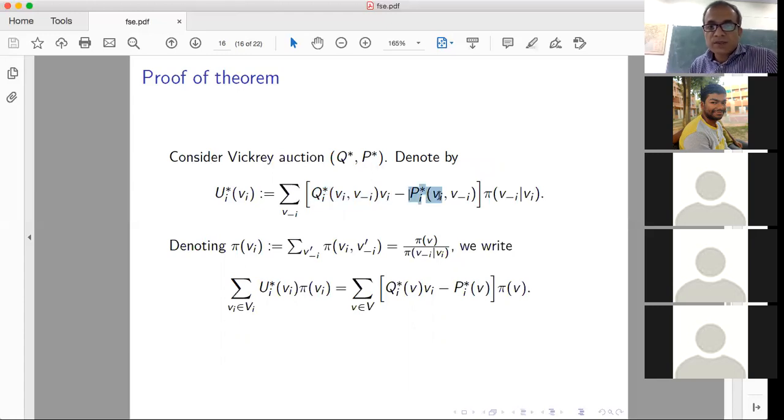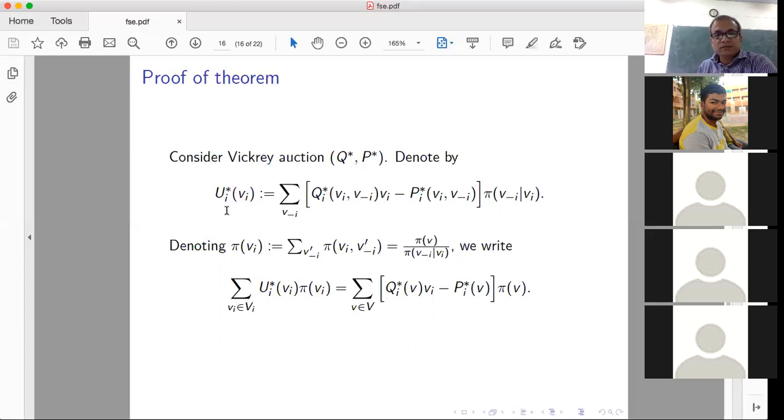And this term is equal to the second highest value if I am the winner and 0 if I am the loser. If I am the winner, then it will be the conditional expected value of the highest of the n minus 1. Okay, so that's what this term is.